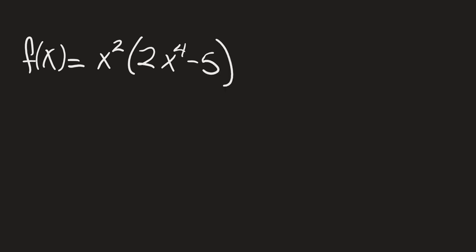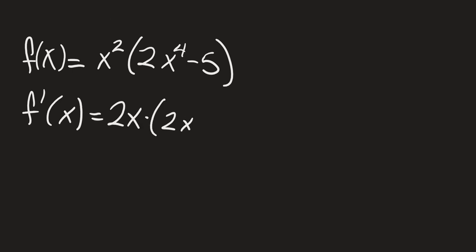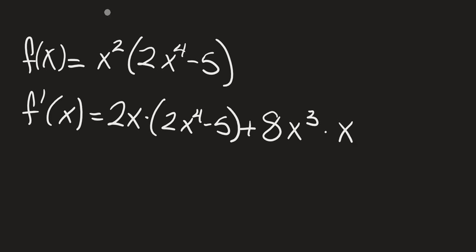The next function that we're going to find the derivative of is f of x equals x squared times 2x to the fourth minus 5. When we take the derivative here, we're going to find the derivative of x squared, which is 2x, times the second left alone, plus the derivative of the second, which would be 8x to the third, times the first left alone.